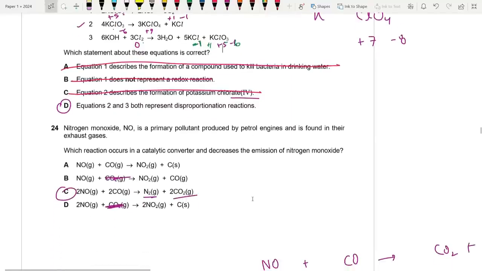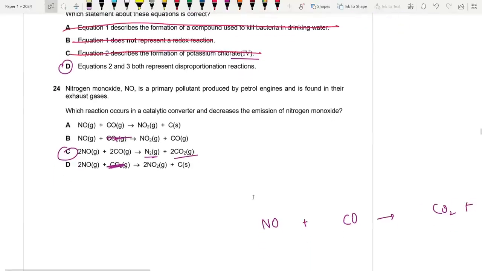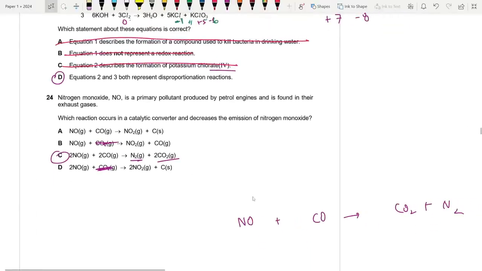Nitrogen monoxide, NO, is a primary pollutant produced by petrol engines and is found in their exhaust gases. Which reaction occurs in a catalytic converter and decreases the emission of nitrogen monoxide? So the general idea is the catalytic converter converts unburnt hydrocarbons as well as carbon monoxide. It actually burns them completely, and it converts nitrogen oxides to nitrogen.